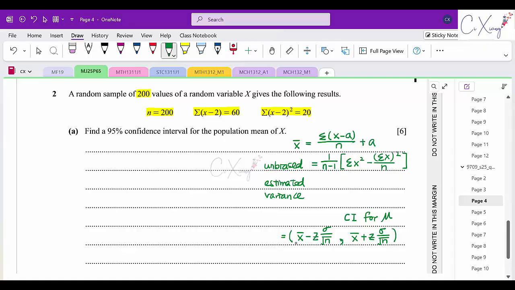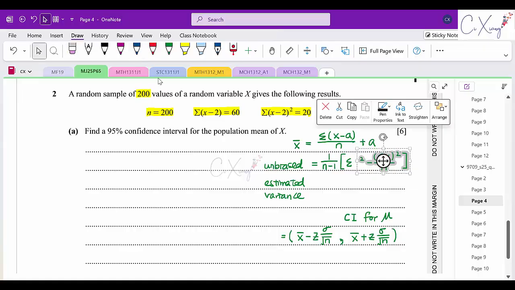Okay, but if you have a look at our question here, we don't have the summation of x squared, we don't have the summation of x, but we are having the summation of x minus 2 and also the summation of x minus 2 squared. Okay, then how can I replace the information that we have in the formula? So what you need to do is just change the x to become x minus a. Let me expand it a bit.